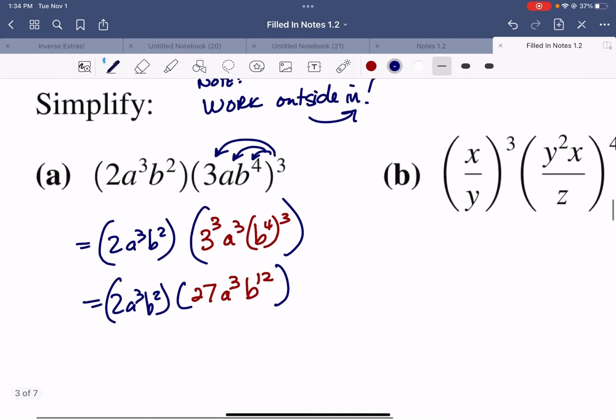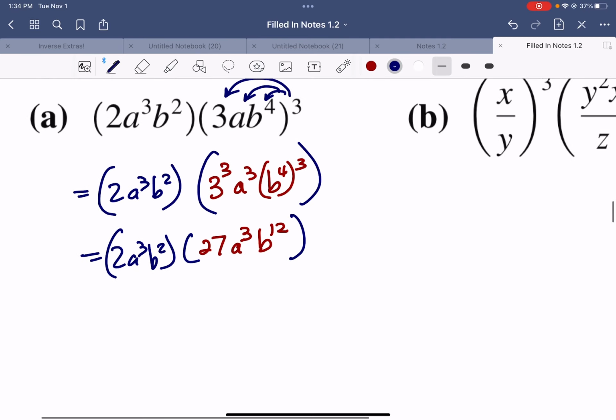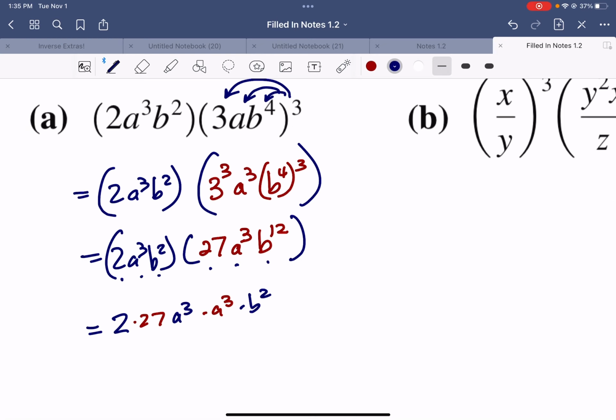So going slow and steady definitely helps you get this problem correct. But then we're really just multiplying each one of these together, so we can put it in any order we want. I'm going to rewrite this as 2 times 27 times an a cubed times an a cubed times a b squared times a b to the 12th.